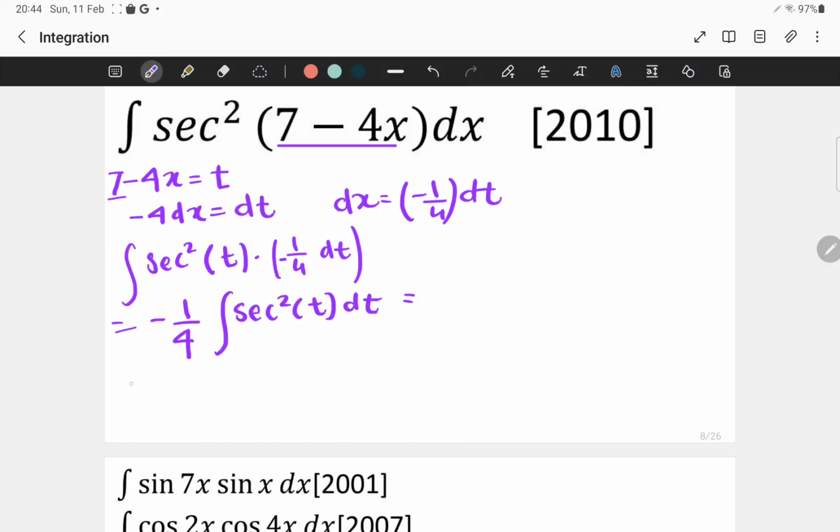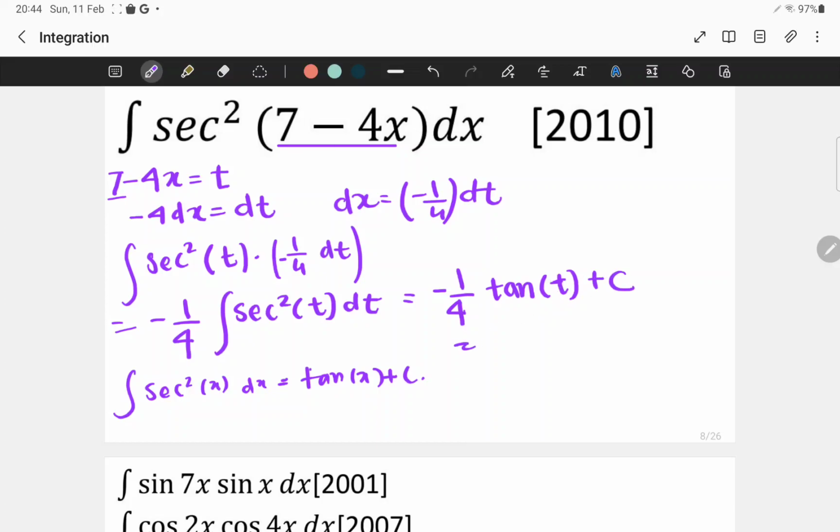We know integration of sec square x is tan x. So using this formula, now I can replace t by the original value, which is this. This is minus sign. Let me make it a little clearer.